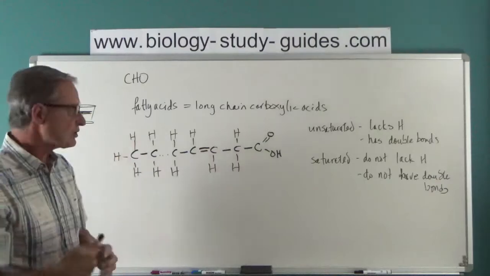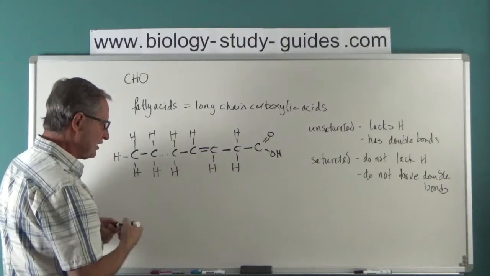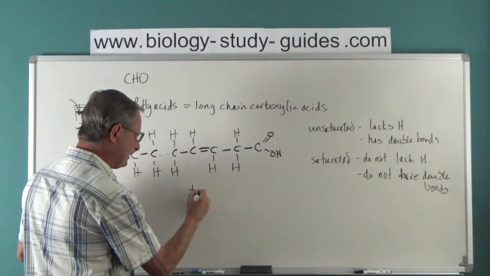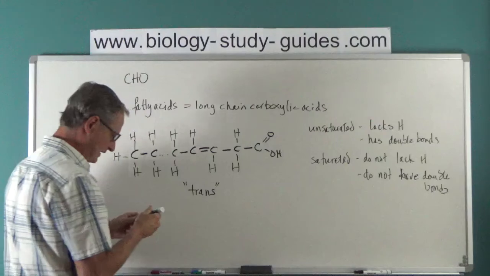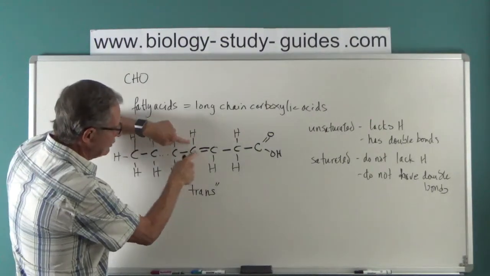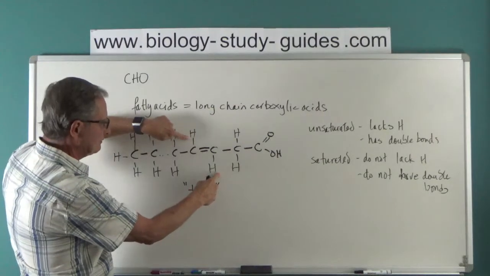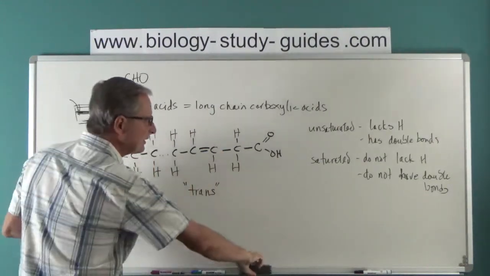And there's something else that's possible. This arrangement right here is known as a trans arrangement, because the two hydrogens are across from each other, and the rest of the molecule is across from each other. I can draw it a little bit differently.